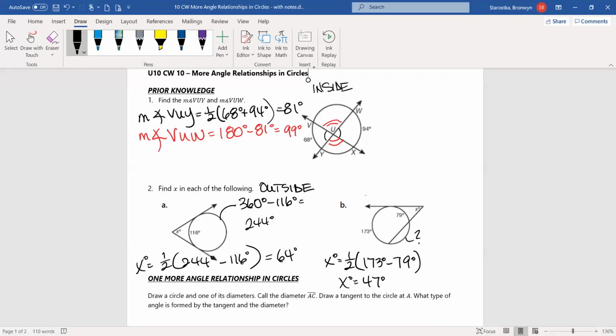So we have inside where you add the arcs and divide by 2. You have outside where you subtract, so take the bigger arc or the arc further away and subtract the arc closer to the angle.